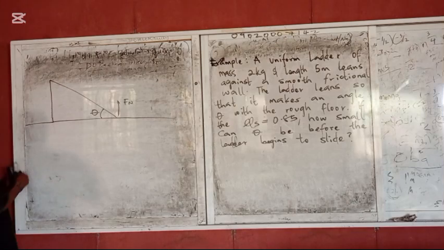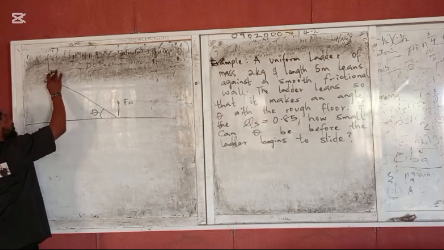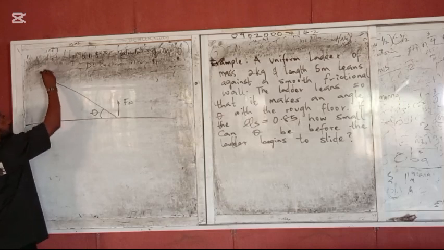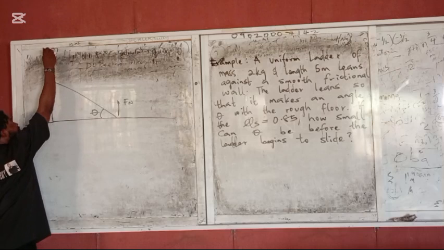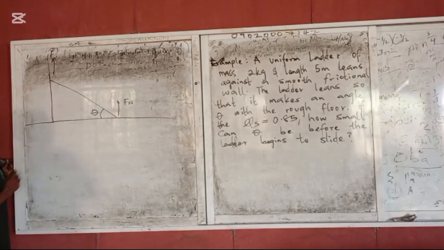Since this wall is frictional, the friction will be going this way. Is it not true? If it's frictionless, there's no problem now. If I wanted it to be frictionless, we wouldn't have to stress for friction.